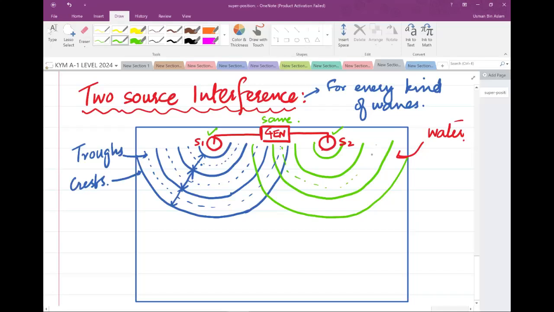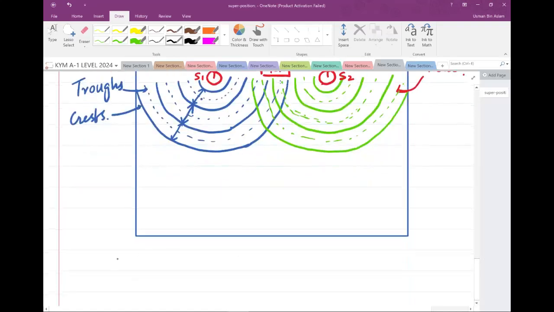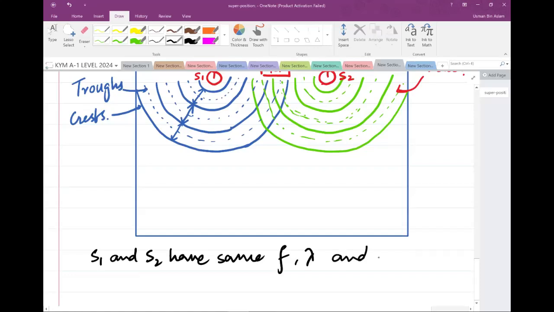The speed is also the same, because both are producing waves traveling inside water. The speed of the wave is dependent on the medium. If the medium is the same, the speed has to be the same. So I'm going to write: S1 and S2 have the same frequency, wavelength, and speed.